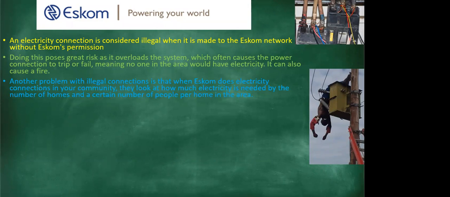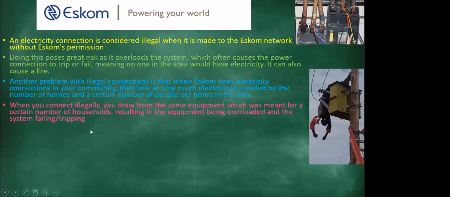Another problem with illegal connections is that when ESCOM does electricity connections in your community, they look at how much electricity is needed by the number of homes and a certain number of people per home in the area. So ESCOM officials would come, they would check how many people live in the specific area, and they would be able to determine how many cables and the type of connection that they would need in that specific area.